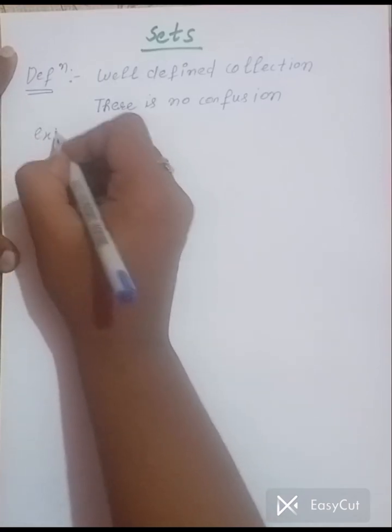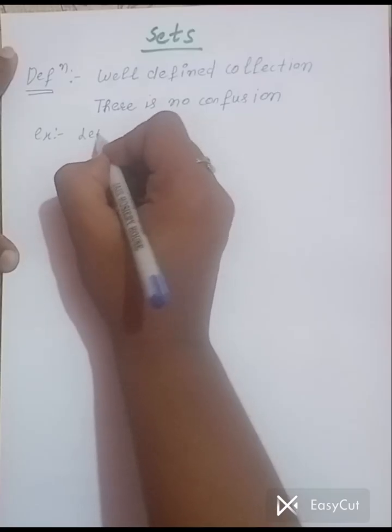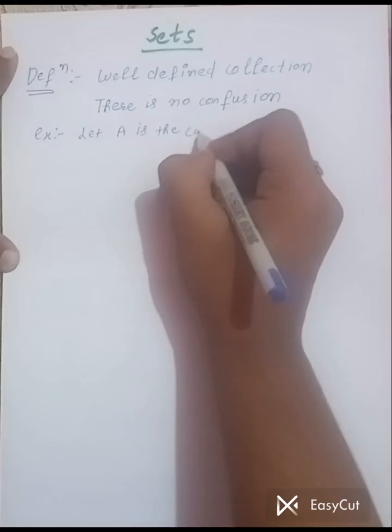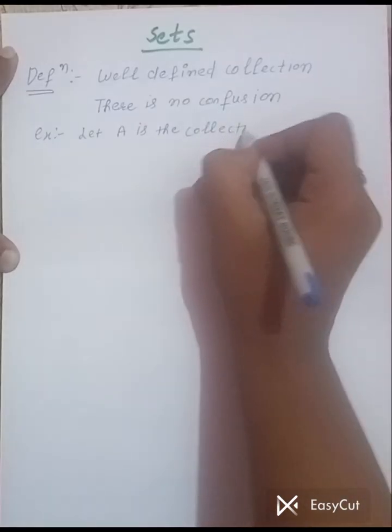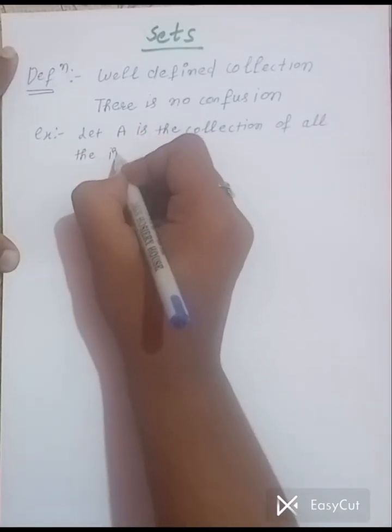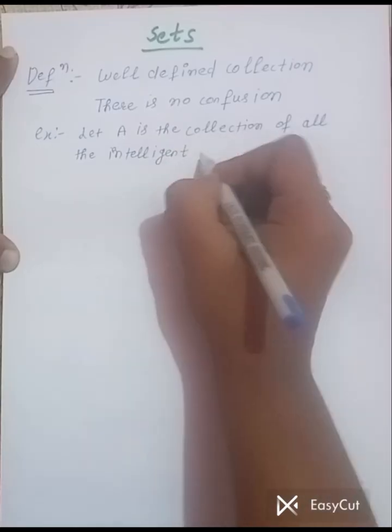For example, let A be the collection of all the intelligent students.